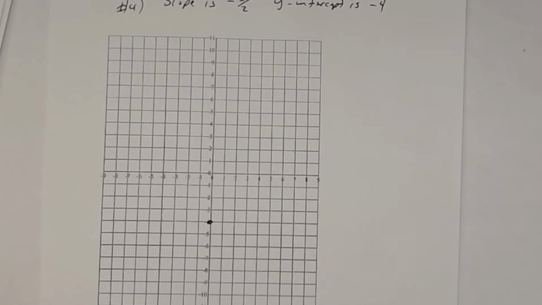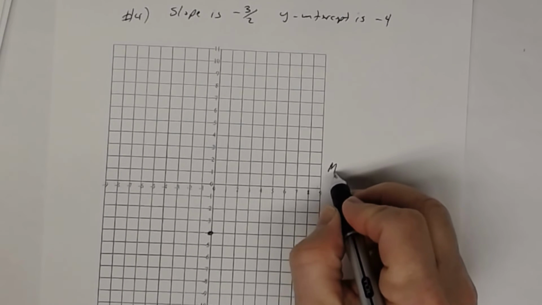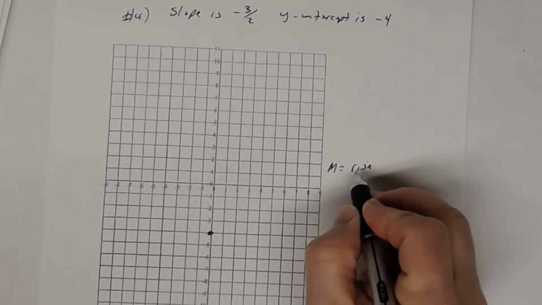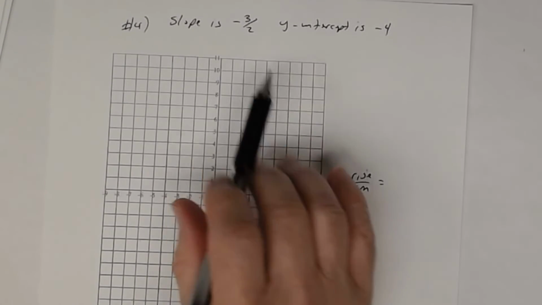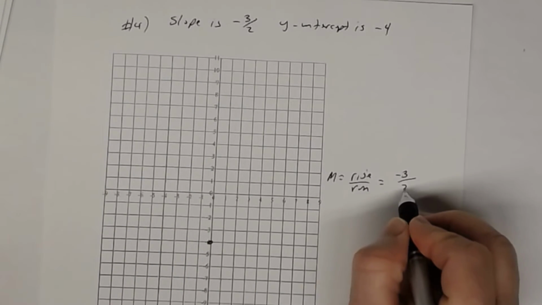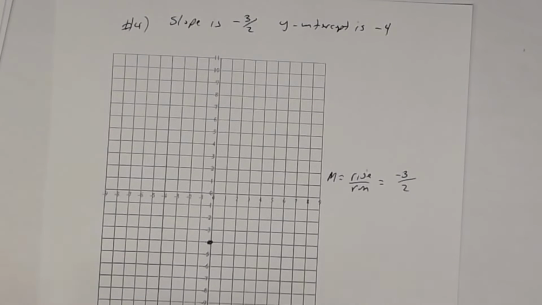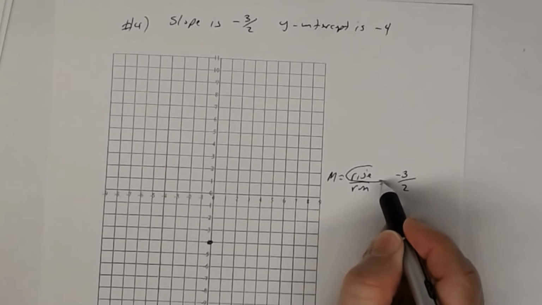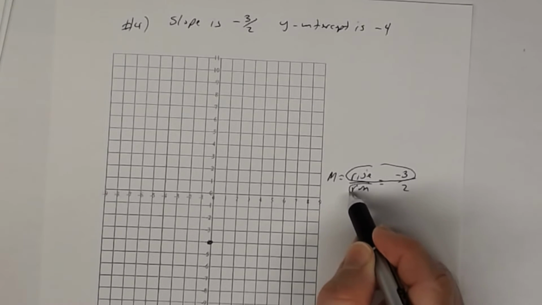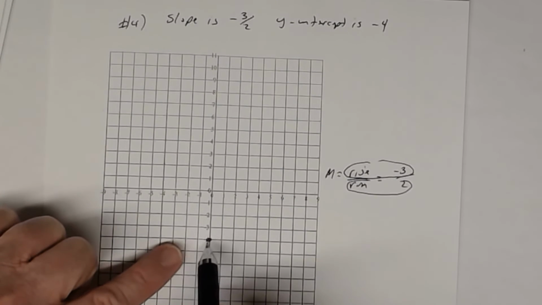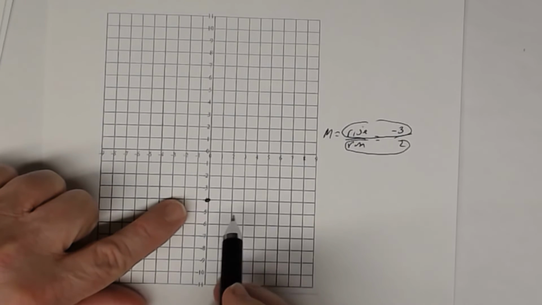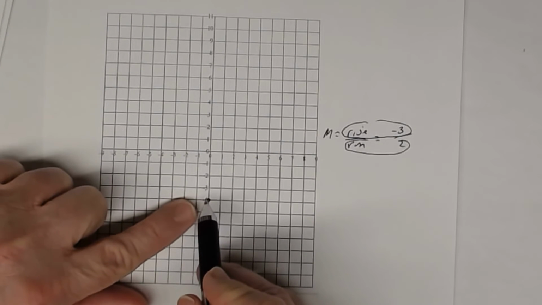All right, and then remember your slope. Remember the slope is rise over run, and my slope is -3/2, right? And so my rise is -3, and my run is +2. So from this point right here, you're going to rise -3.